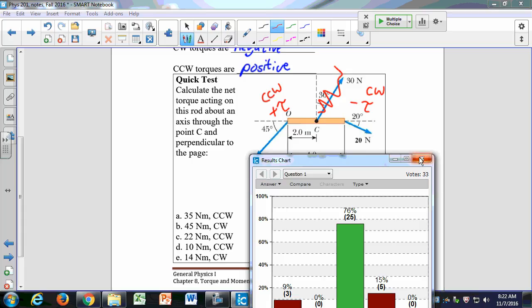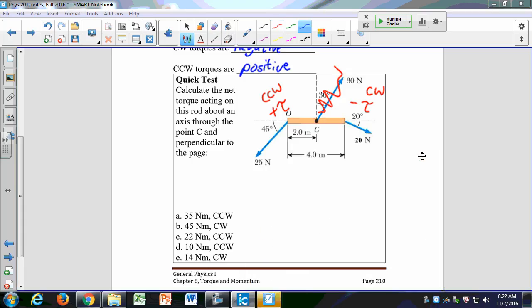Okay, awesome. I think C is right. The way we do this, I'll call this torque 1, and I'll call this torque 2. Torque 1, the magnitude of it is 25 newtons times 2 meters times the sine of 45 degrees.